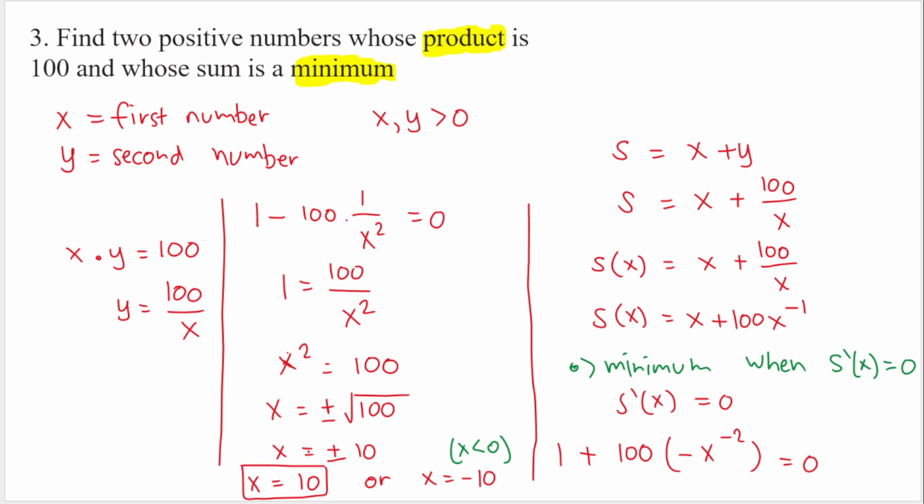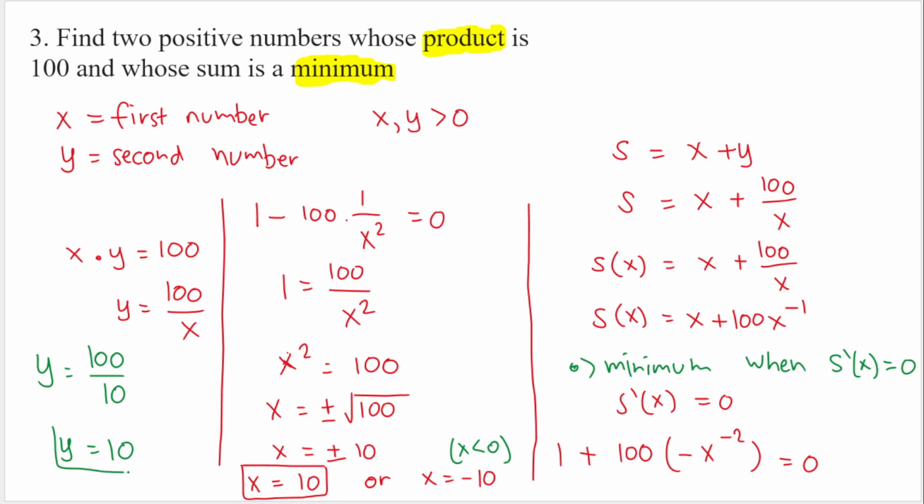Okay, so now we need to find out what y is. We can substitute this into this equation here. So we will have y value is equal to 100 divided by the x value, which is 10. And so we will have the y value is 100 divided by 10.